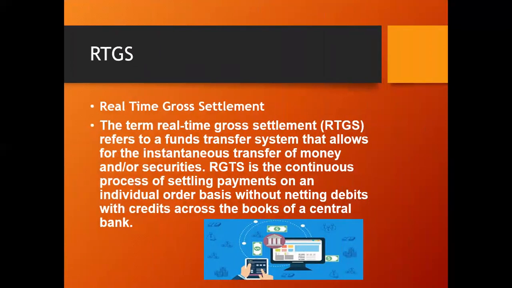RTGS, real time gross settlement. What does it mean? Real time gross settlement means the funds transfer system that allows for the instantaneous transfer of money or securities. Suppose you are sitting in Delhi and your customer is sitting in Mumbai, and he has to pay you money, and unless he pays you money, you don't want the goods to be sent to him.